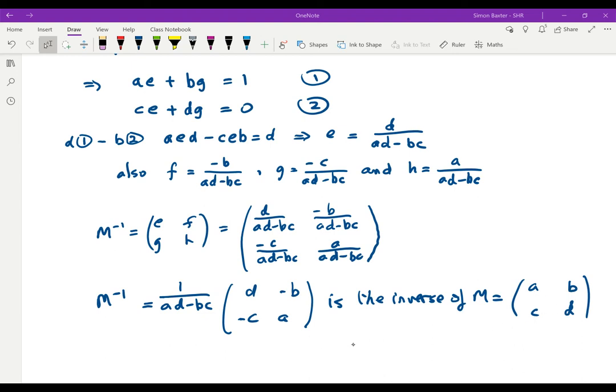So having found the determinant, then notice on the leading diagonal, we have just interchanged A and D. And on the other diagonal, B and C have become minus B and minus C.